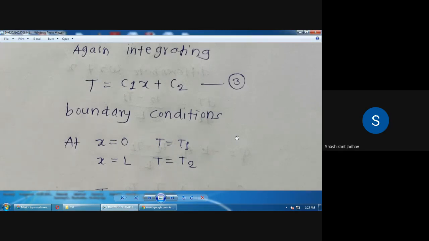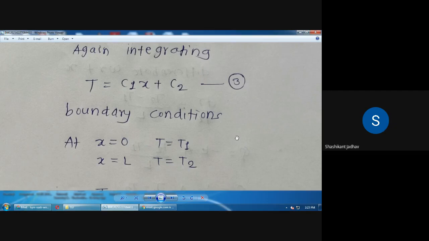So put these boundary conditions into the equation. At x is equal to 0, T is equal to T1. Put this first boundary condition, then we get the value of one constant, that is C2 is equal to T1. Then again we have to put the second boundary condition. At x is equal to L, T is equal to T2.